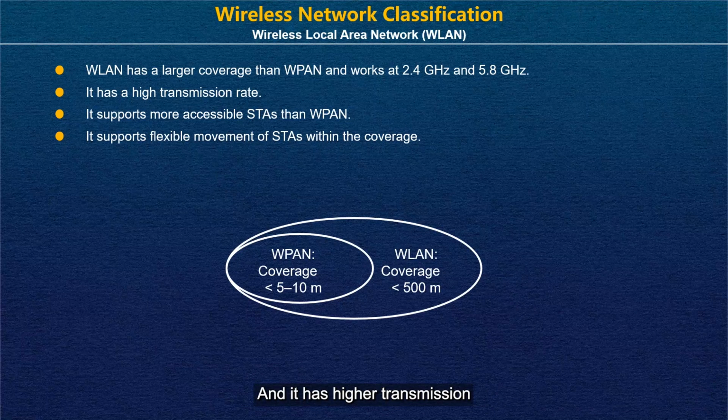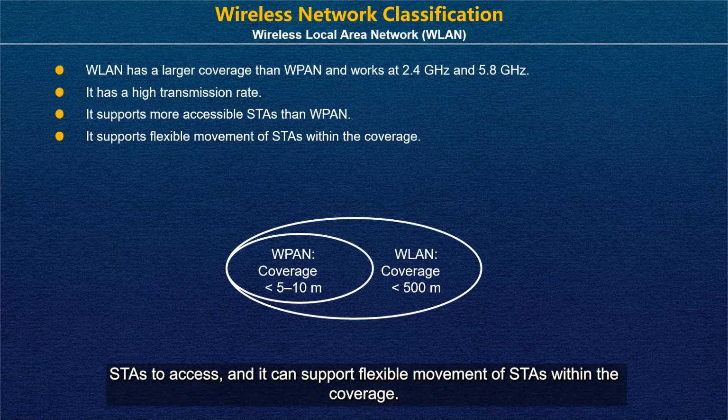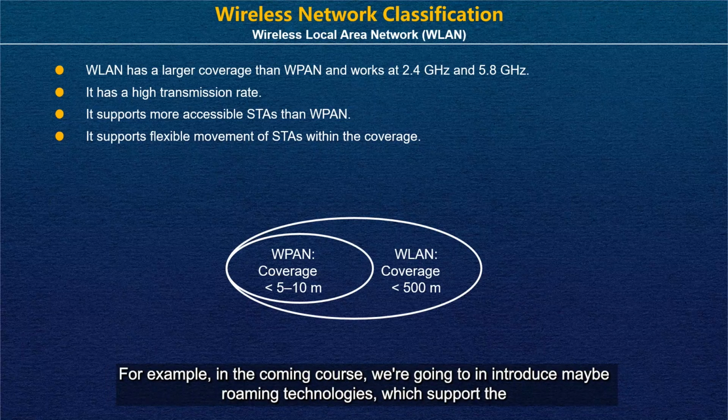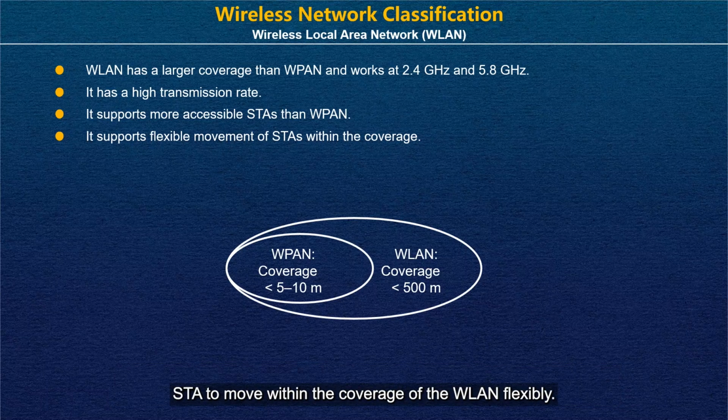And it has a higher transmission rate. It can support more STAs to access, and it can support flexible movement of STAs within the coverage. For example, in the coming course, we are going to introduce some roaming technologies which support the STAs to move within the coverage of the WLAN flexibly.